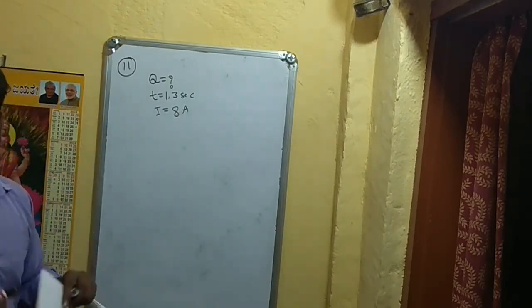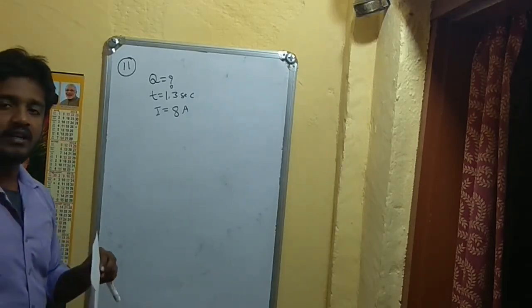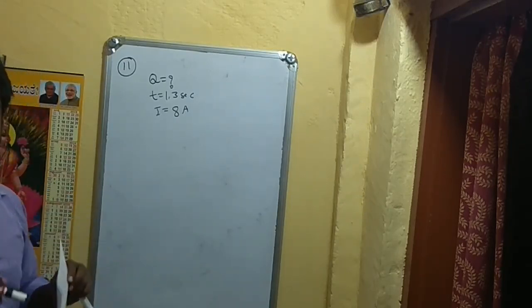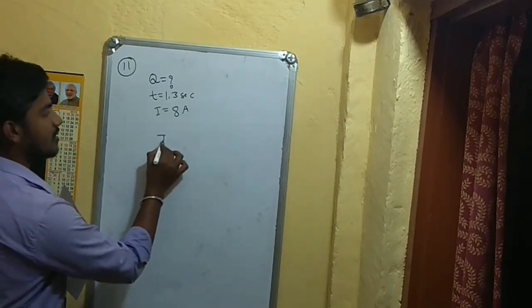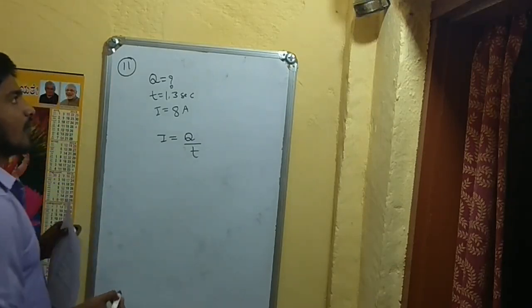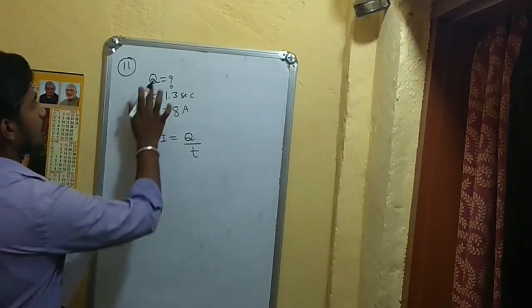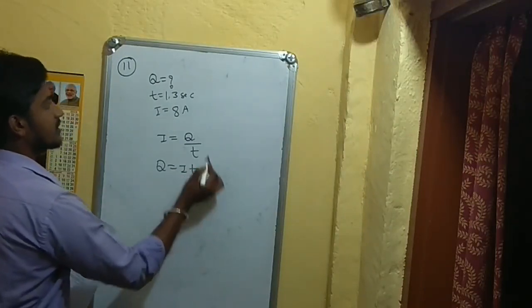We know the definition of current. Current is the continuous flow of electrons in a particular direction, or rate of change of charge. Means I is equal to Q by T. You want to calculate the Q. Q is equal to I into T. What is the value?